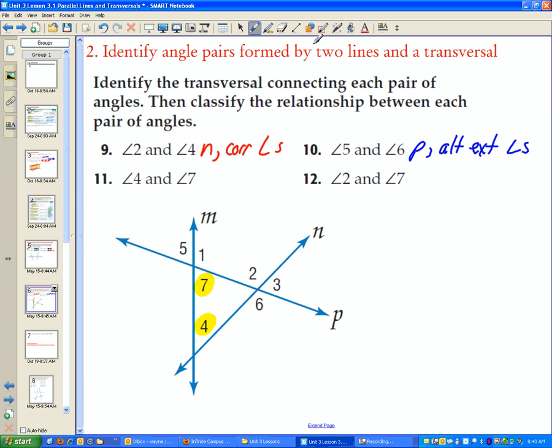What's the transversal? N? M. Oh, I didn't hear you right, did I? Line M. And what are they? All right. Consecutive interior. Oops, I left off interior, didn't I? Consecutive interior angles. Questions? All right, go ahead with 12.